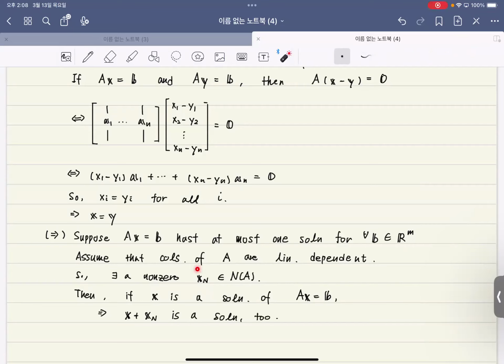Because xn was chosen from the null space of A, which is clearly a contradiction.